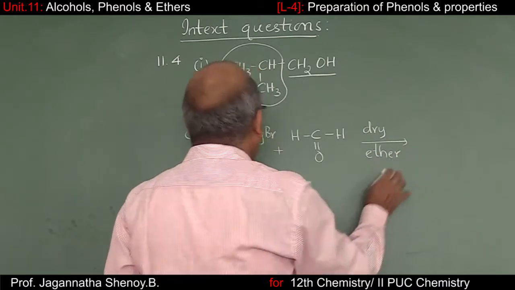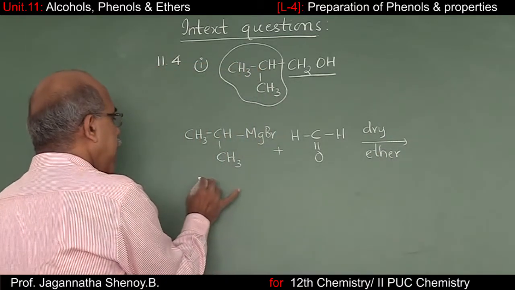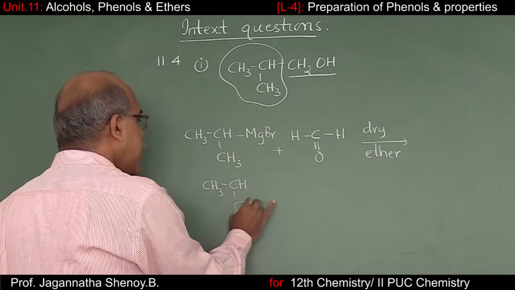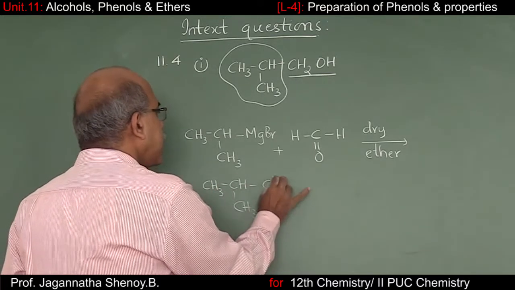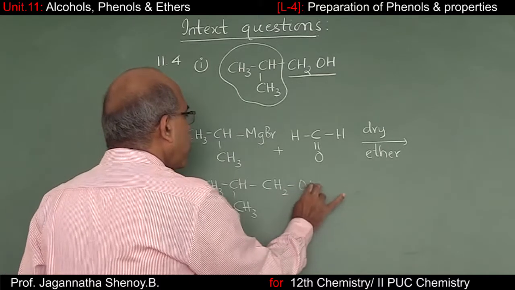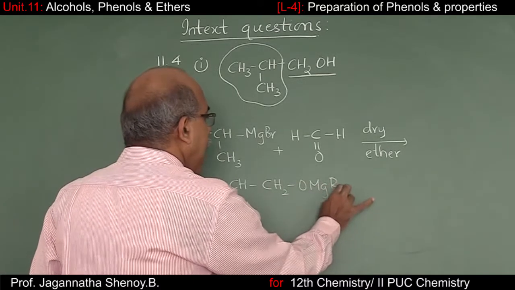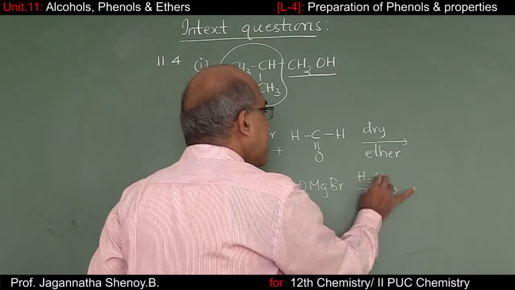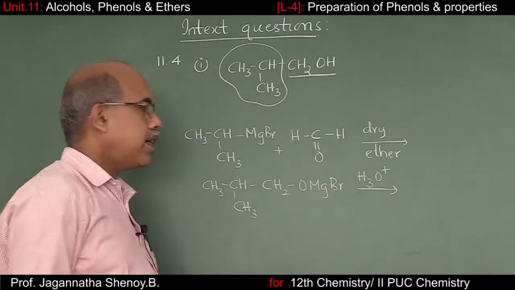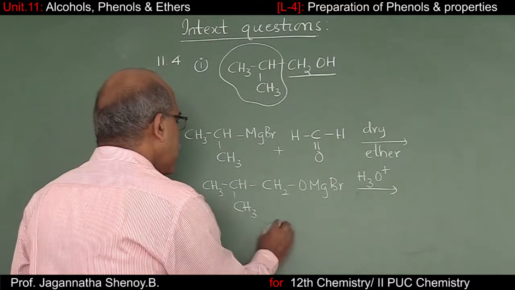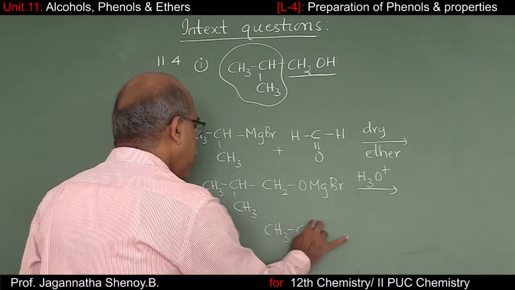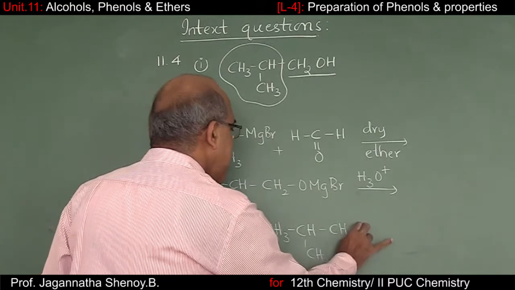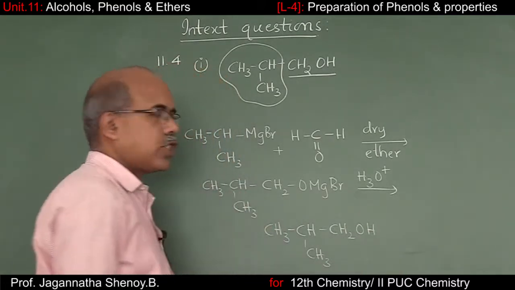You will come to know that the addition compound that is formed will be CH3, CH3, and thereafter you will have CH2OMgBr, and then you are going to subject this to hydrolysis in acidic medium. So we'll give you the specified target molecule. You will have CH3 and then it is CH2 and OH.